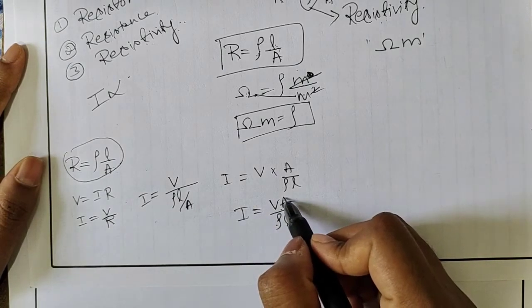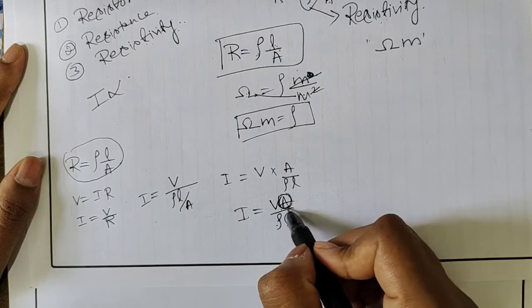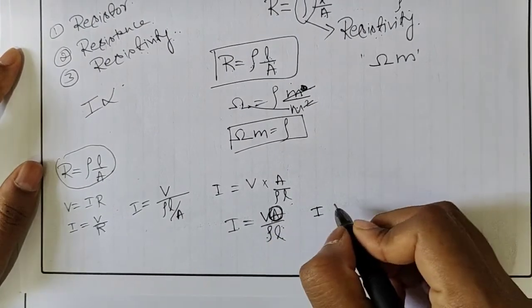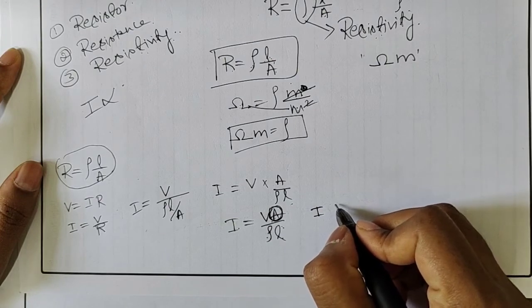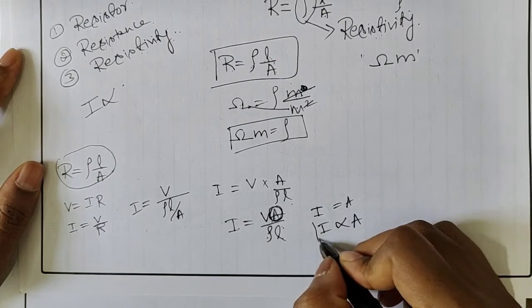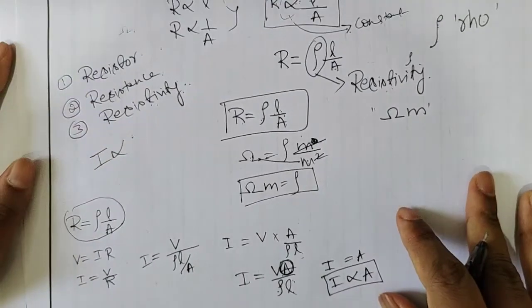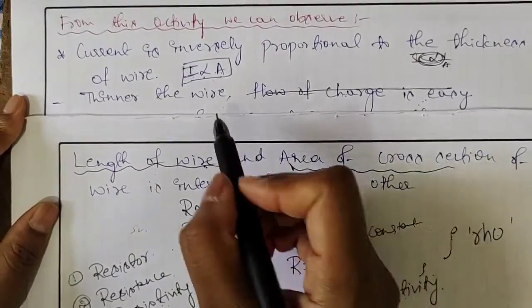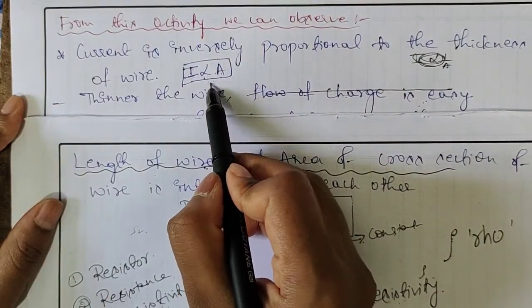So since we are concentrating only on this A, that is what? Area of cross section, I'll take only this term outside, that is I equal to A, or in other words, I is directly proportional to area of cross section. Correct? I is directly proportional to area of cross section. So how we got this one?